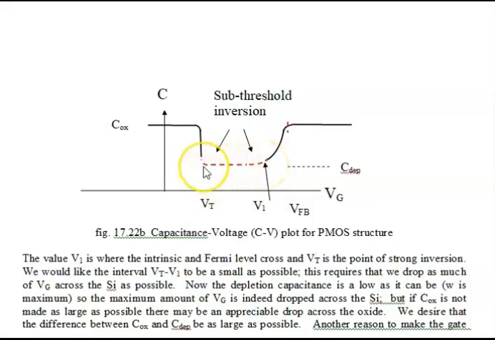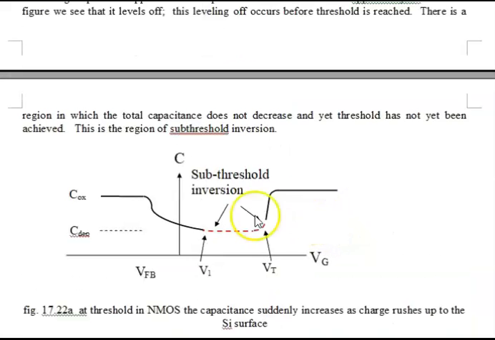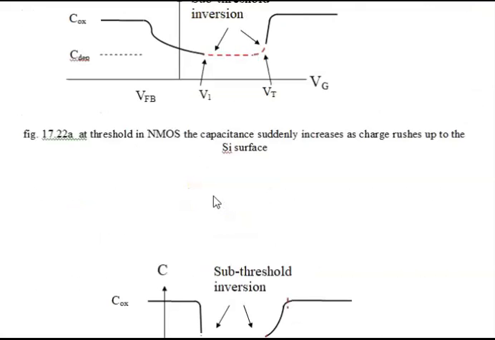We have threshold at this point, and this capacitance again jumps up to Cox. So I probably should have labeled this. This diagram is for PMOS, N-type silicon. This one is NMOS, P-type silicon.